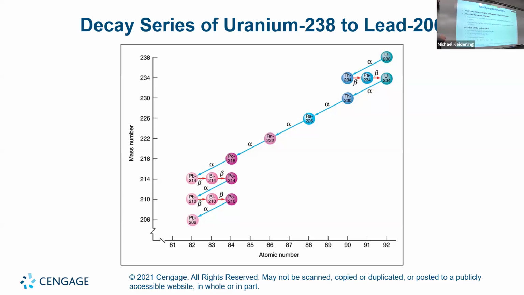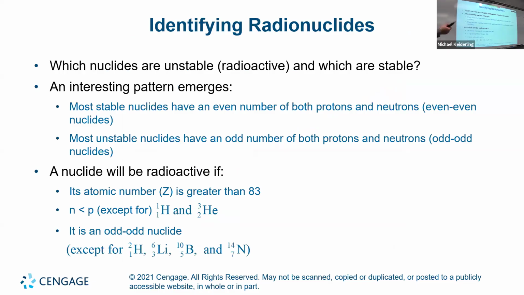So which nuclides are unstable, radioactive, and which are stable? Most stable nuclides have an even number of both protons and neutrons. Most unstable nuclides have an odd number of both protons and neutrons.